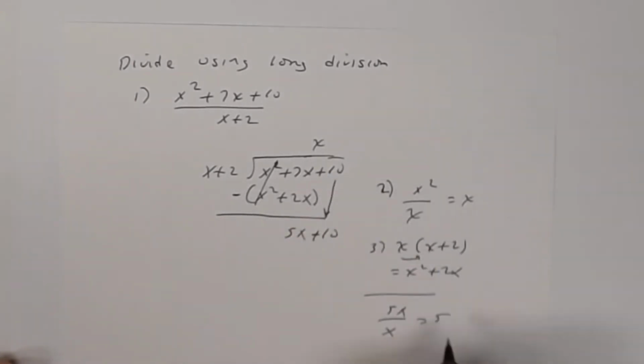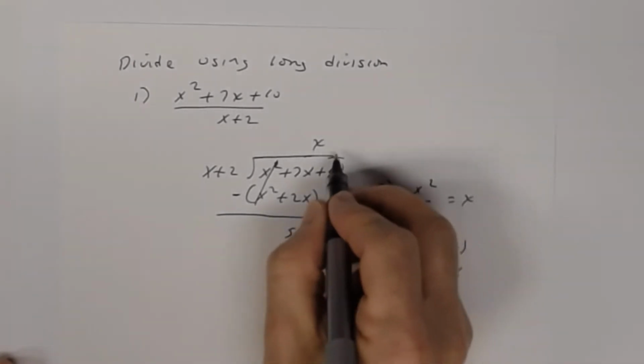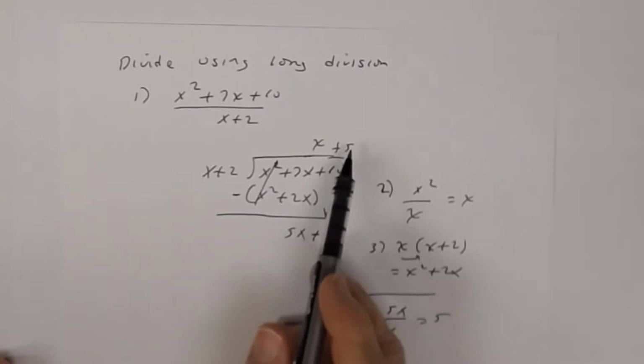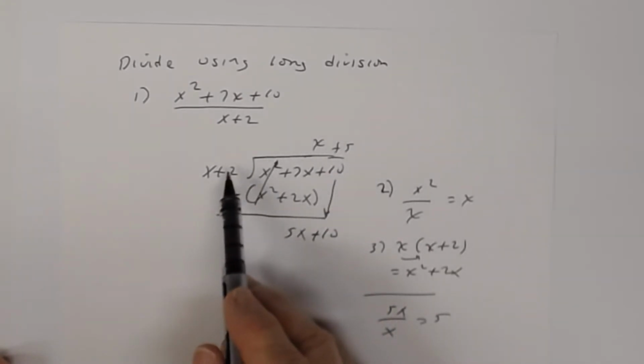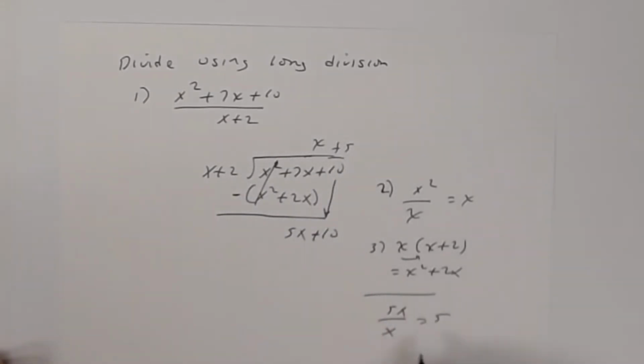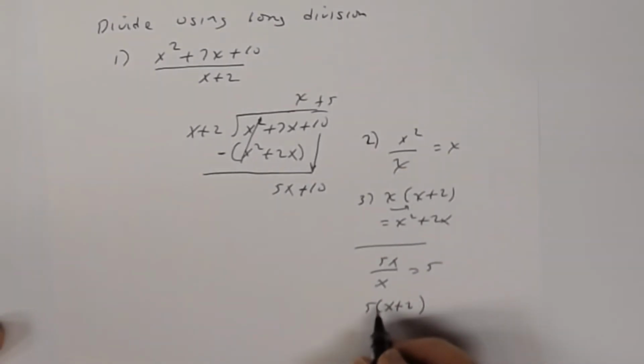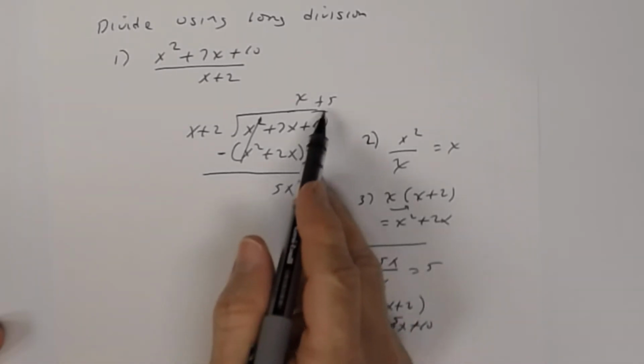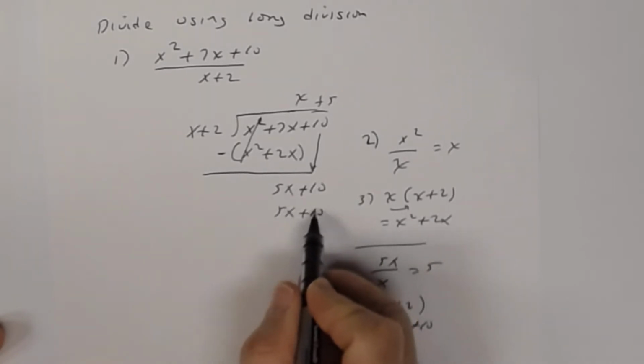And that goes here. So remember, that's a positive 5, right? So you're going to say plus 5. And then you're going to say 5 times this. Not this times this, 5 times this. That's important. So in your mind, you're saying 5 times x plus 2. And so that becomes 5x plus 10.